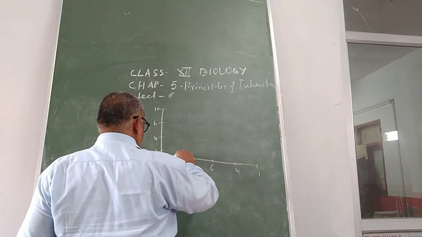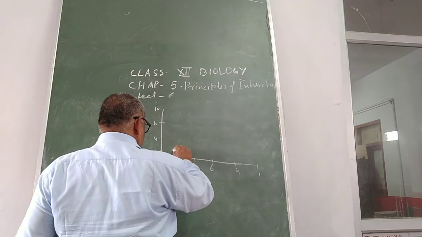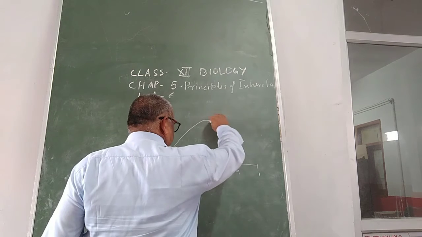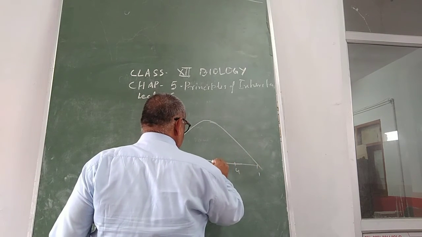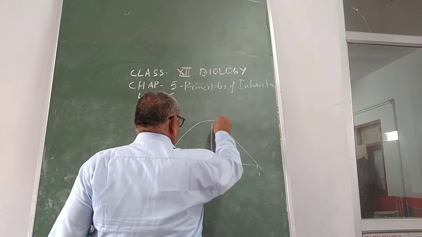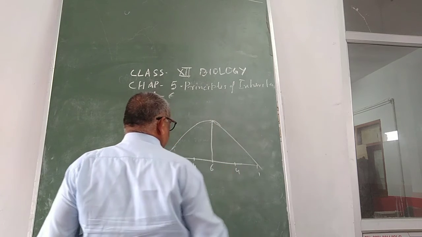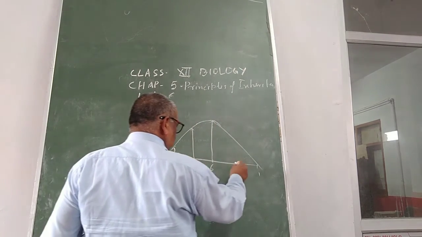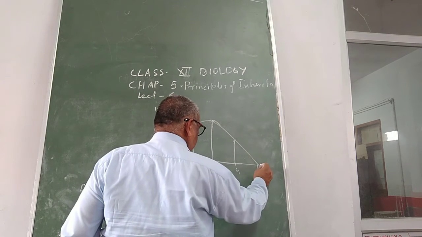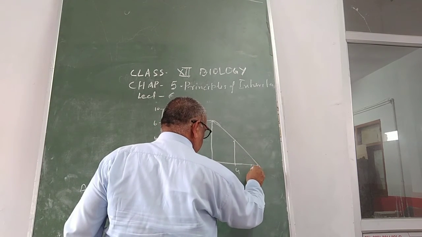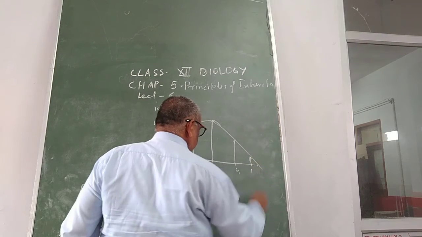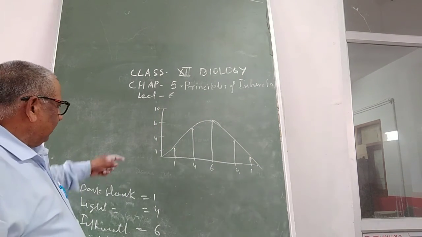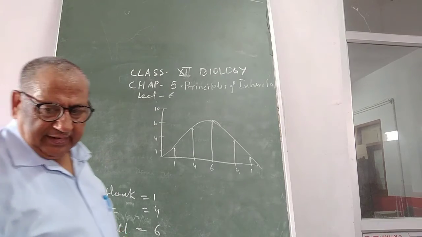Now from here we start and go with this type of curve. This type of curve will appear in the case of polygenic inheritance.